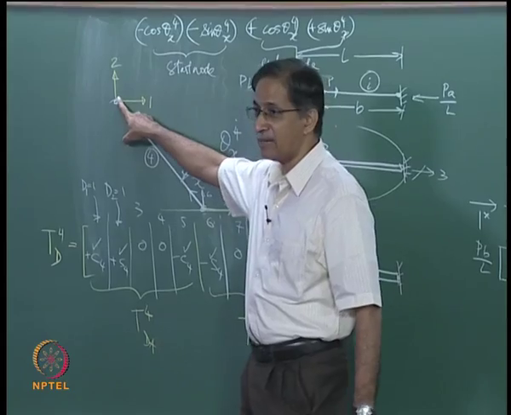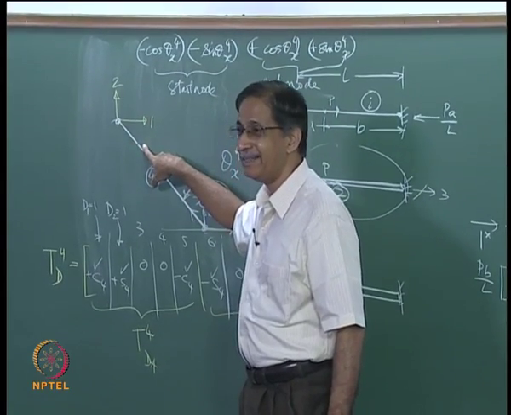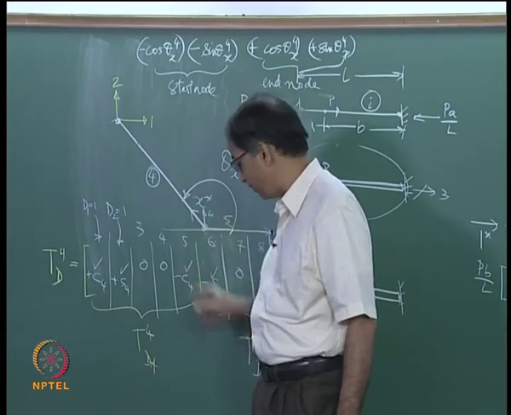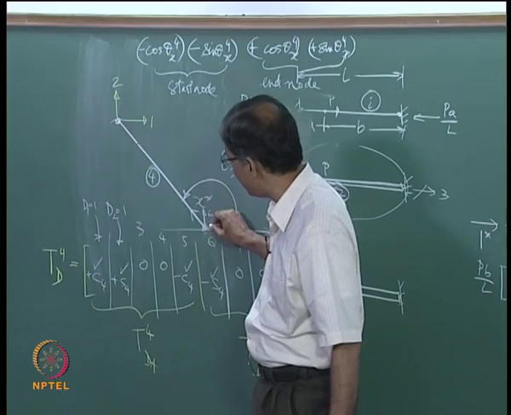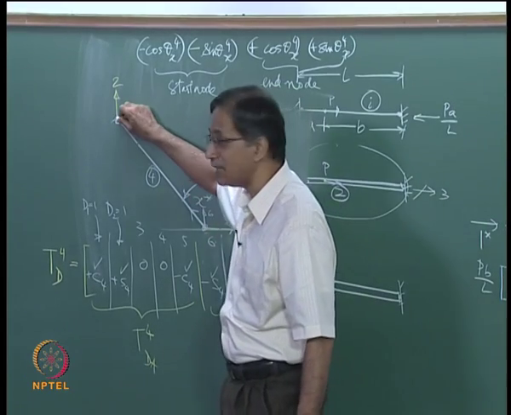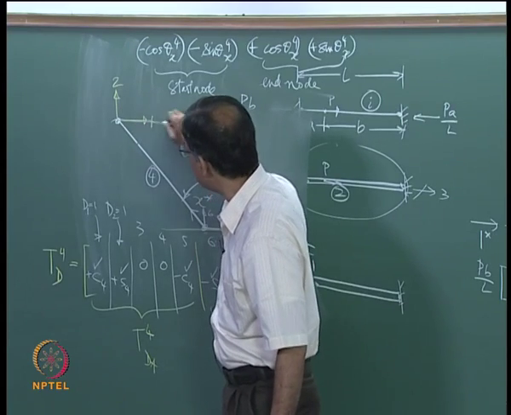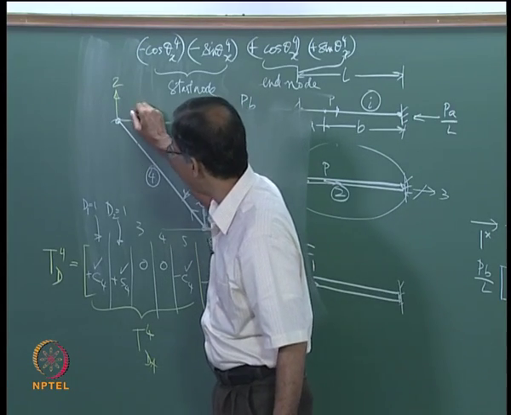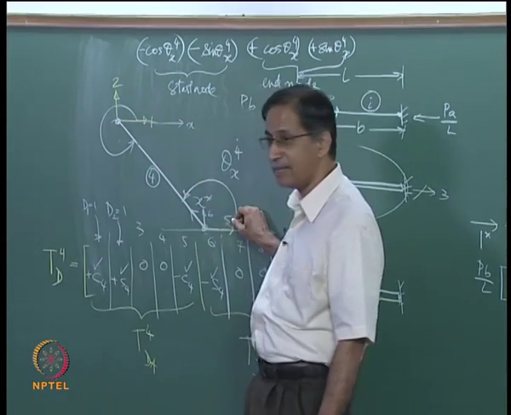Supposing this was my start node, my theta would have become like this. That's a definition of orientation, isn't it? So see, this was my direction, this was my x axis. Supposing I choose this as my start node, then my theta x would go like this from the positive global x direction, which is different from this theta x. Got it?